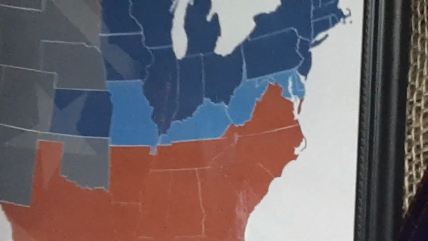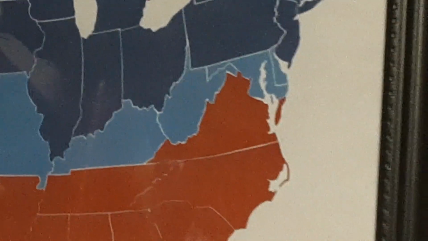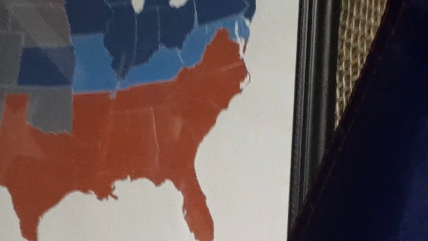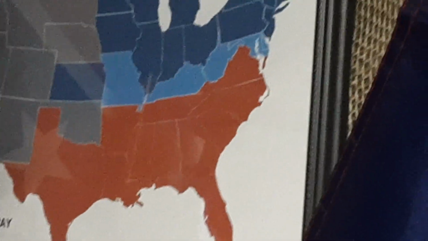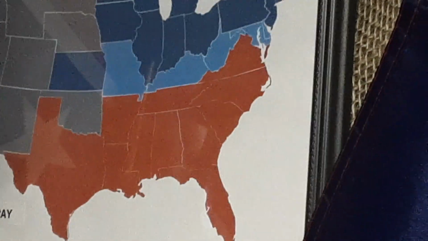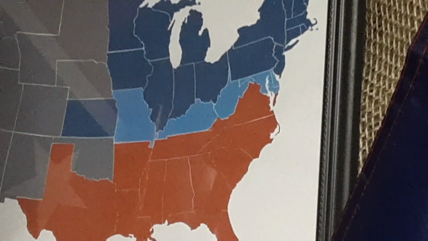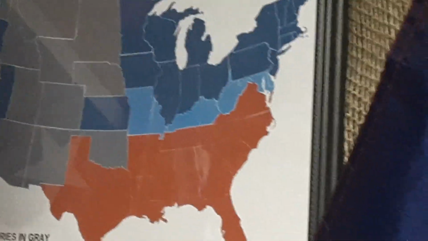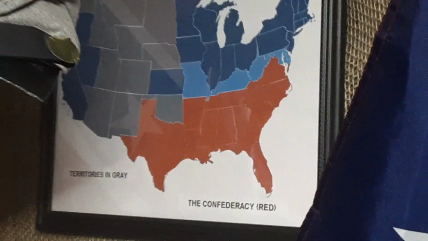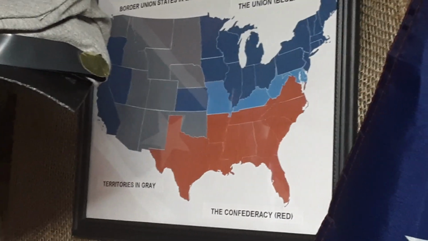It's important to note, of course, that West Virginia, which is right there, did not actually exist in 1861. They split off from Virginia and were admitted to the Union in 1863. So, yeah, they weren't always there, but by 1863, this is what the country looked like.